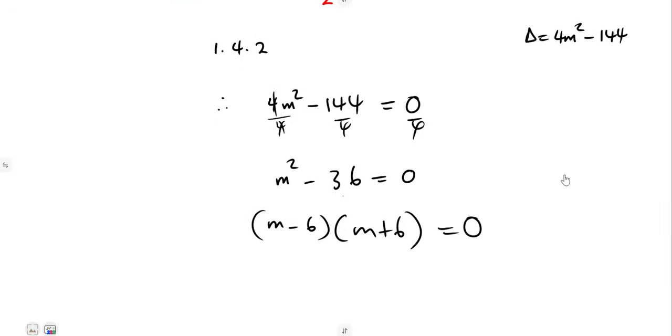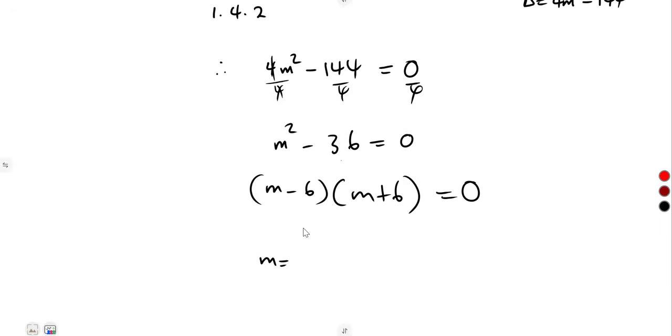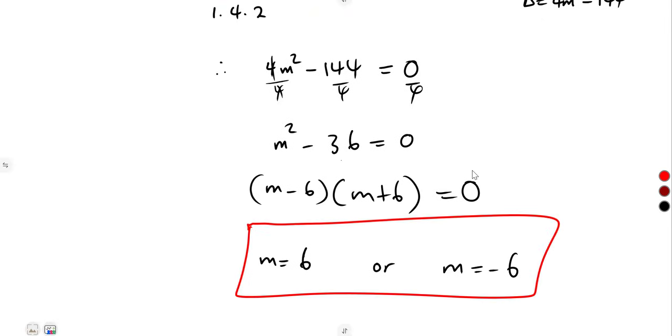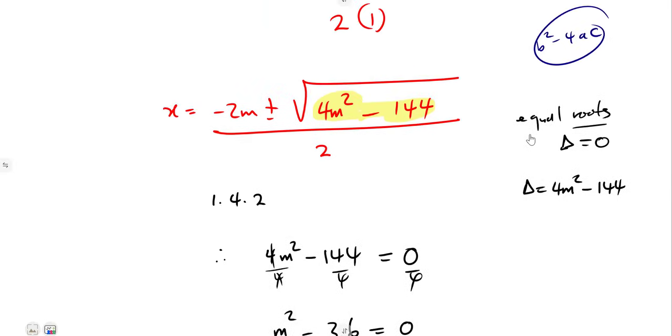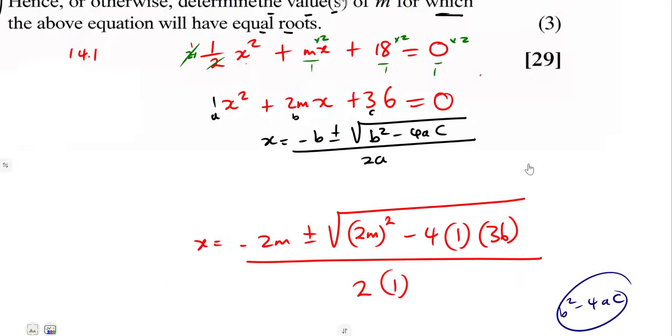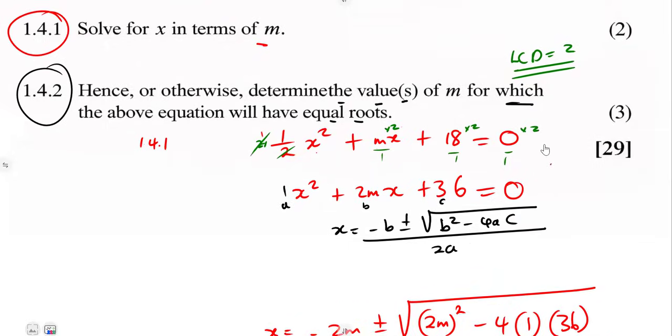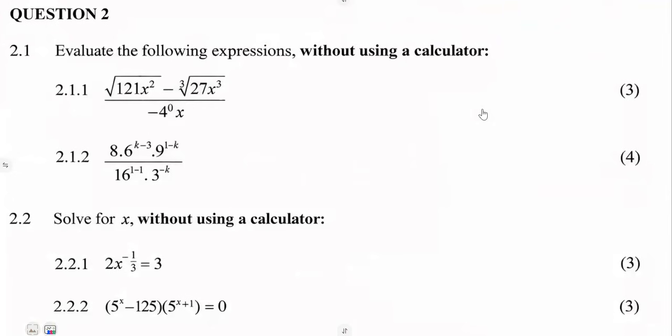So you're going to have two possible values of m: minus 6 to the other side is going to be positive, positive 6 to the other side is going to be negative. So these are the two possible values of m from the given equation. So you see, guys, it's just a repetition. They do repeat these nature of roots questions with different equations, but the concept is one and the same.